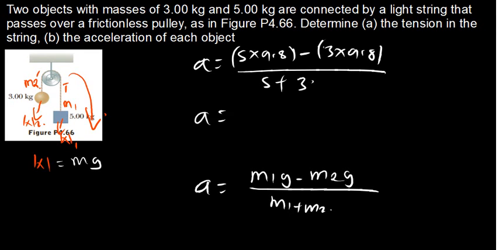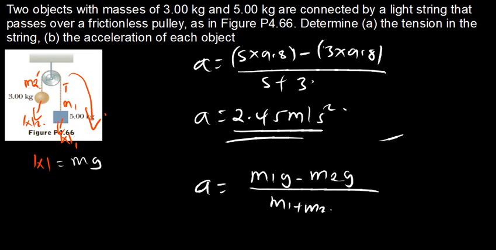So our acceleration is going to be equal to 5 times 9.8, then minus, in brackets, 3 times 9.8. I'm getting 19.6 on top, everything divided by 3 plus 5 is 8. So I'm getting the acceleration as 2.45 meters per second squared.